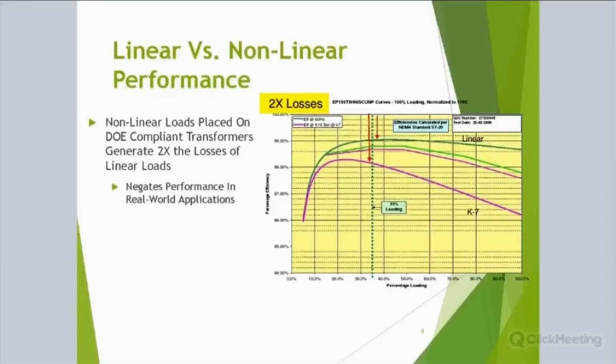But as soon as we start adding nonlinear load, which shows up as the K7 loading curve, you can see how that efficiency drops way off. You can build a transformer to handle that nonlinear load and stay at or above the 99%. But again, that typically is a higher performance, could cost a little more for that feature, but at least you're getting what you expect to be saving as far as energy.